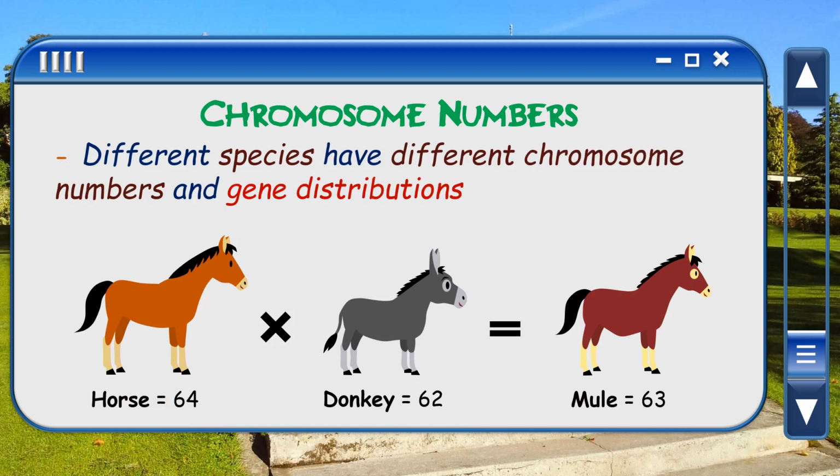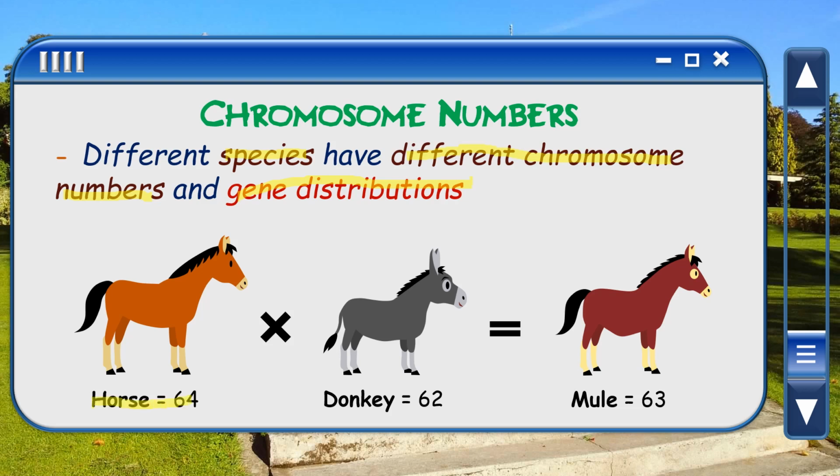Now, different species have different chromosome numbers and gene distribution. It's what we have been talking about.